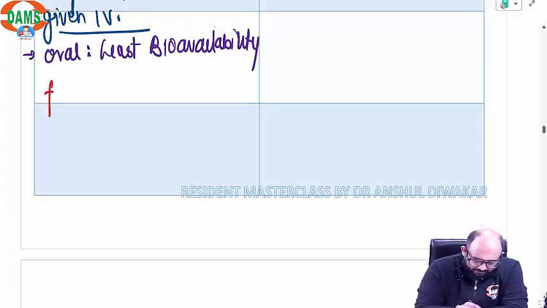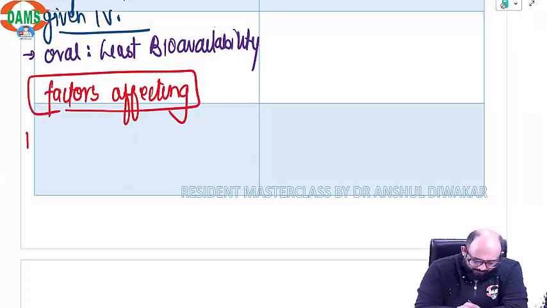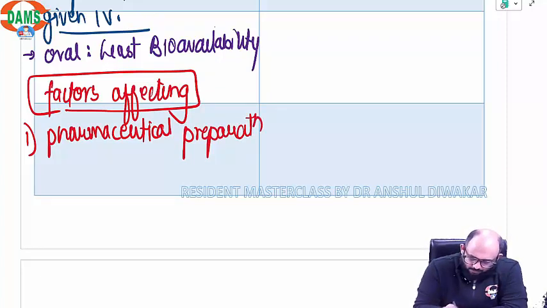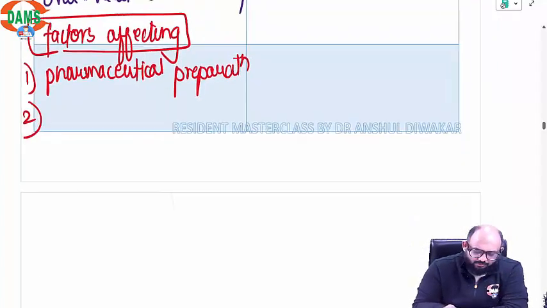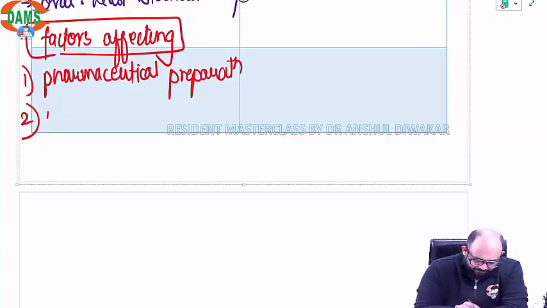What are the factors that will affect bioavailability? First is pharmaceutical preparation. If you are using smaller size of the molecules, better bioavailability. Bigger molecules, lesser bioavailability.